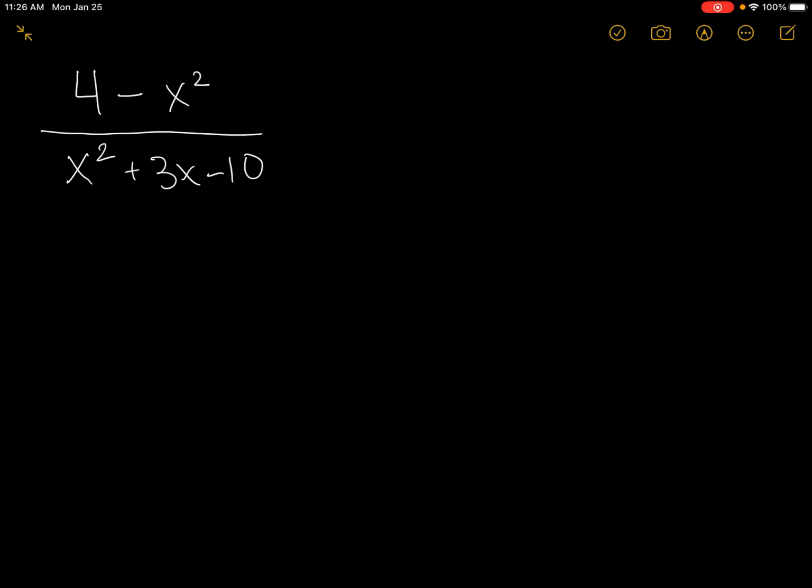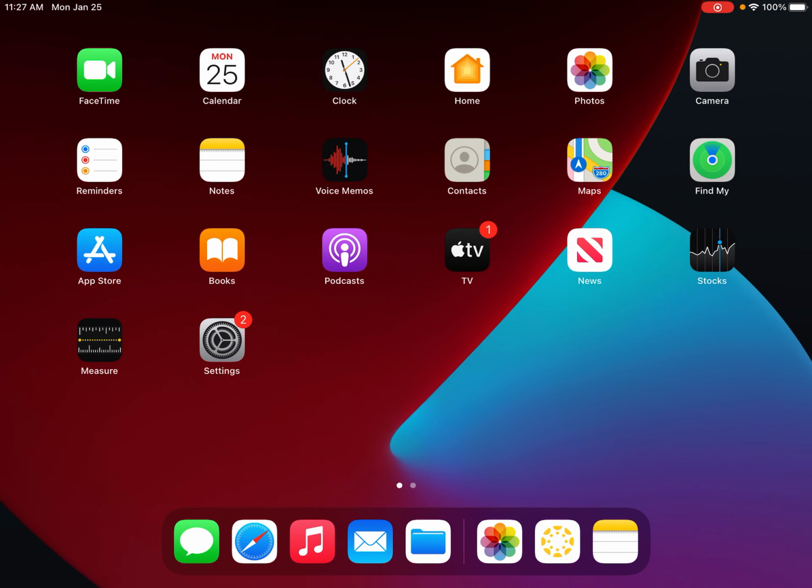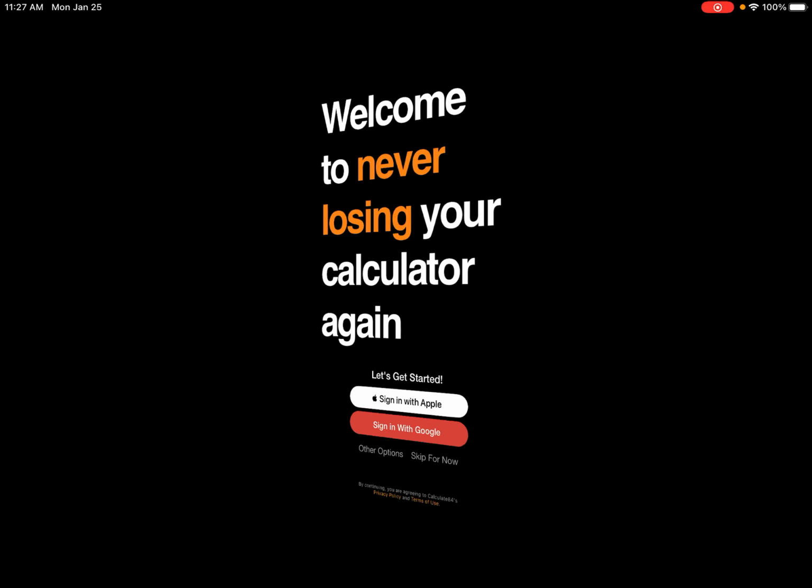So you're going to factor this function as well. You're going to factor the denominator and factor the numerator, and then you are going to cancel out what you can. Another way, if you don't know how to factor, is to go into your graphing calculator and graph the function.